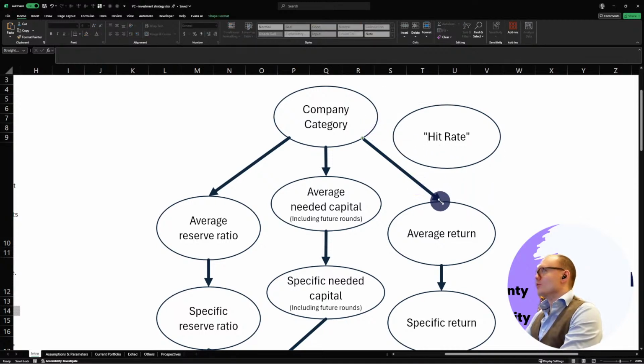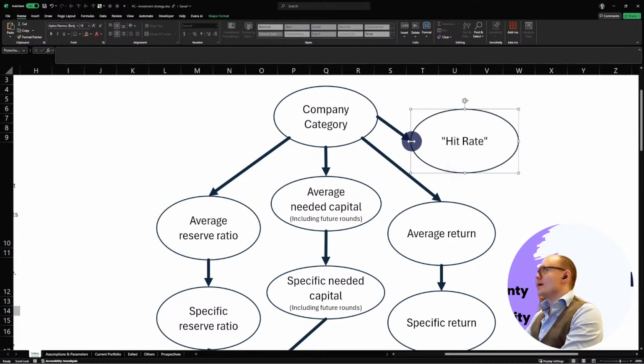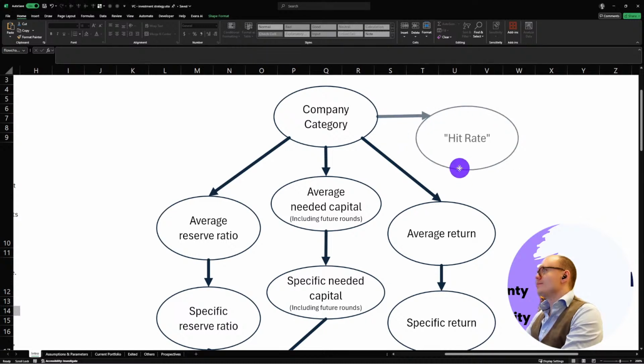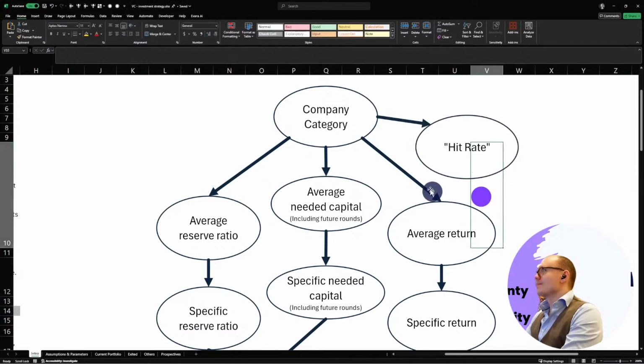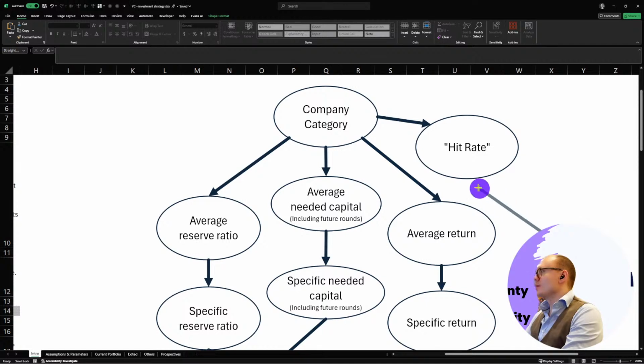And of course, the hit rate is naturally going to be determined by the category of which a startup belongs.